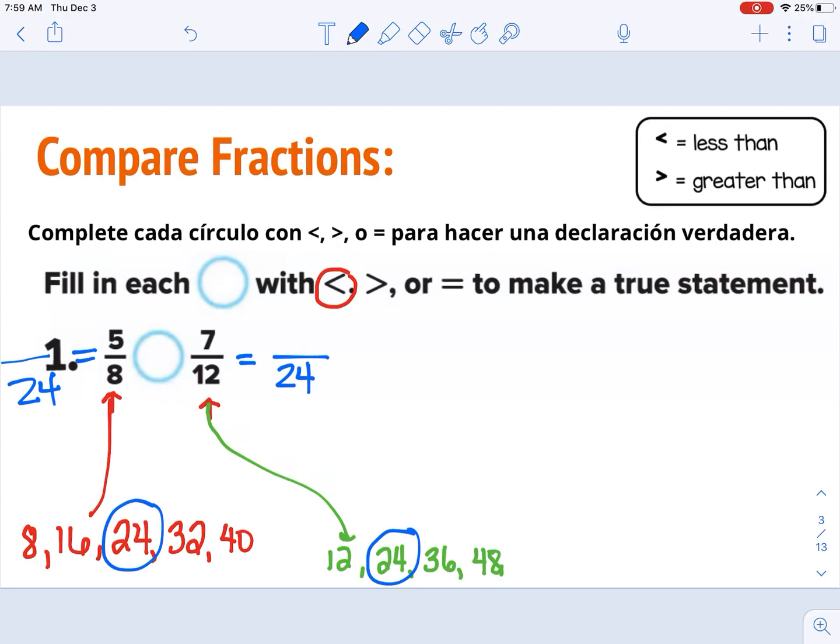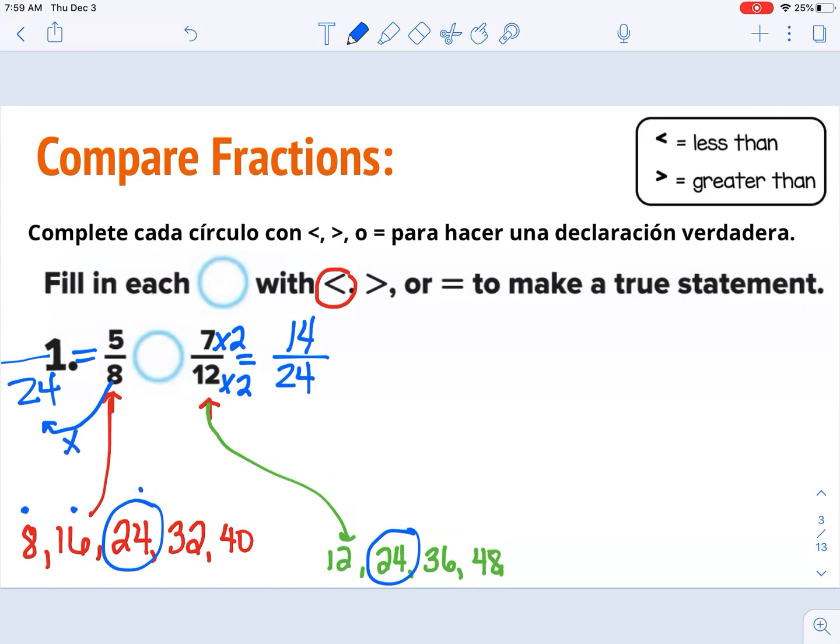If I want to get from 12 to 24, I need to multiply by 2. And remember, you have to do the same thing to the top of the fraction. 7 times 2 is 14. Now I'm going to look over on this side. To get from 8 to 24, let's see, I'll count my 8, 16, 24.